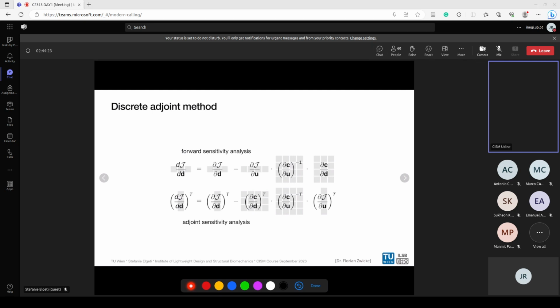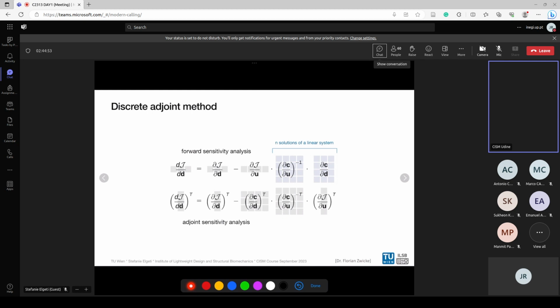Then we have always a square matrix dc du, and we have another matrix, dc dd, where again we reflect the fact that we have fewer decision variables than solution variables. And if we want to try to solve this, which we for sure can, we have this inverse matrix here. This would require us to solve n linear systems.